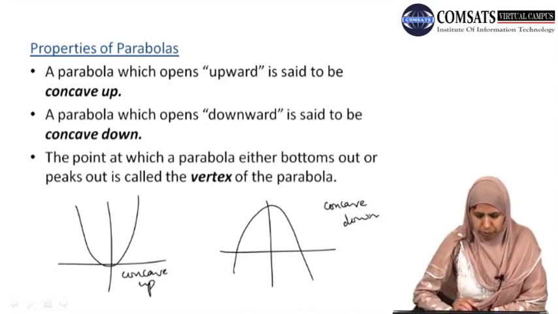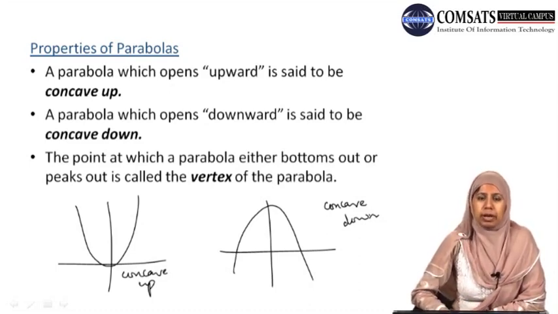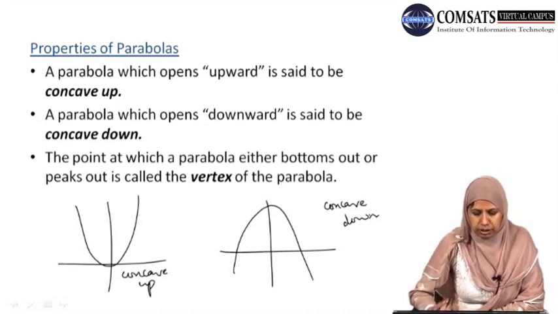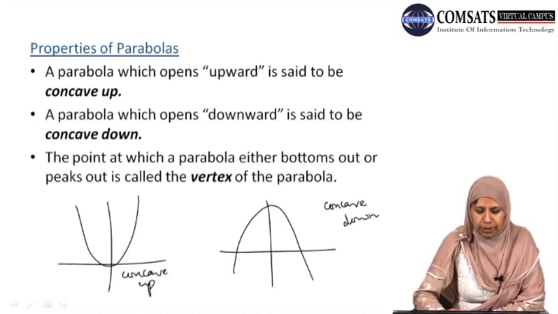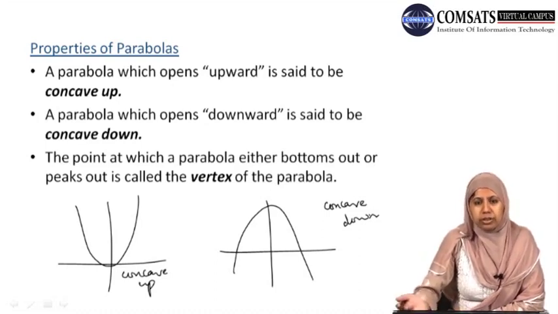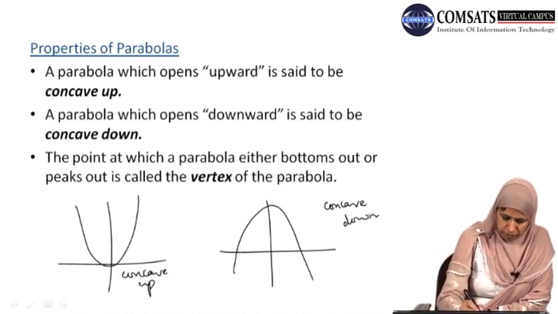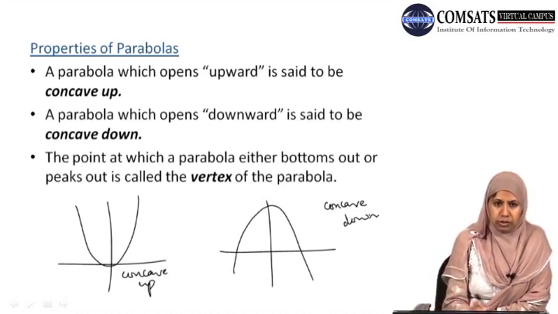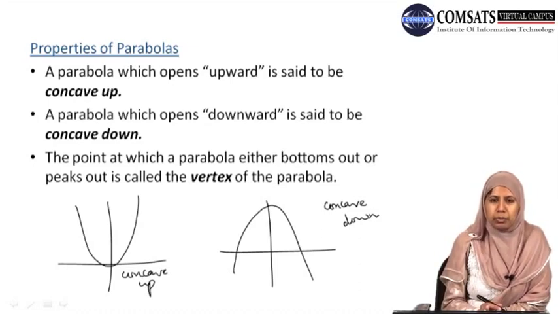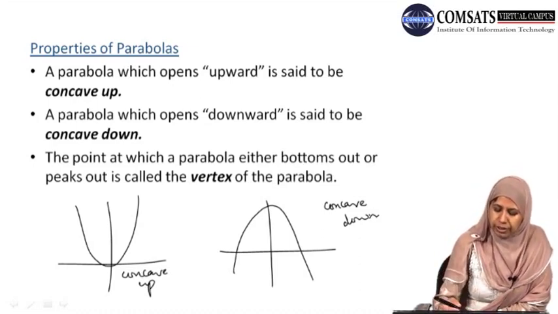There was one thing more, which was about the vertex of the parabola. Vertex is a point on the parabola at which a parabola either bottoms out or peaks out. That is, in short, the vertex of a parabola is a point where it changes its direction.